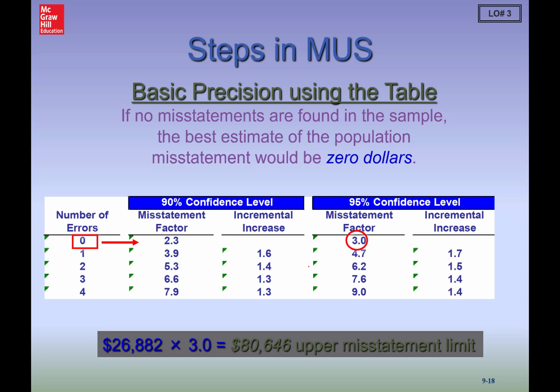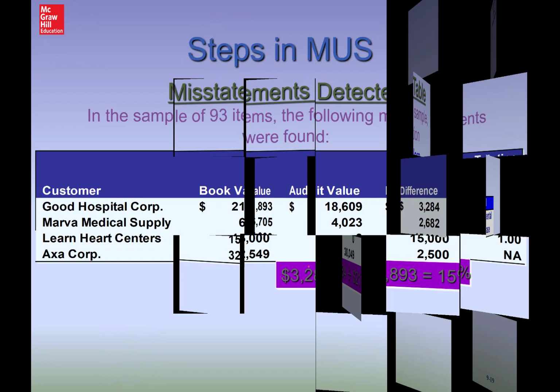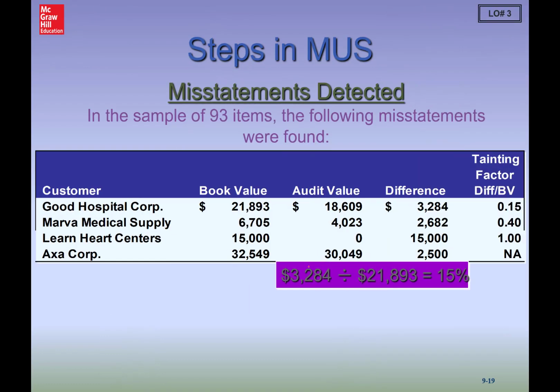Now, you start coming up with errors, and when you do, you have to figure out, well, what is the incremental increase in my upper misstatement limit as a result of this? So you take a look, and now we send out the confirmations, and we have a difference here between the book value and the audit value of 3,284.